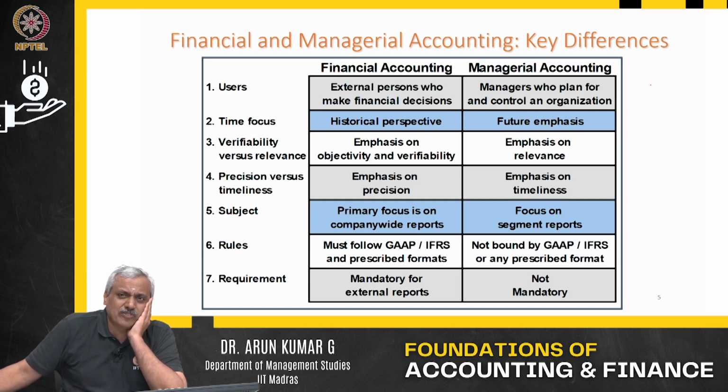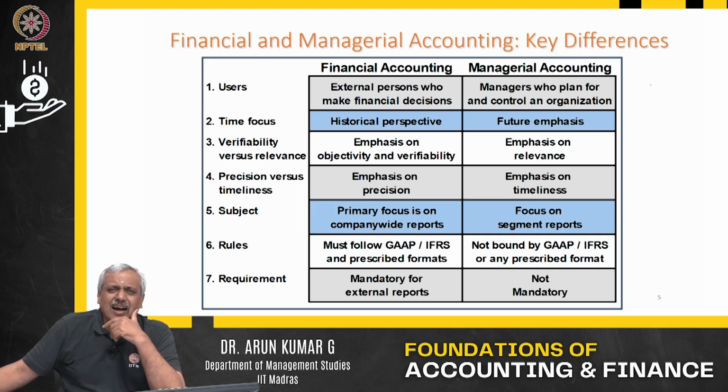Suppose you are a multi-product firm and you have a single expenditure, for example, factory rent. The factory is used for manufacturing all 3 products. Now, I will have to divide the rent among these 3 products. What is the best way to do it?